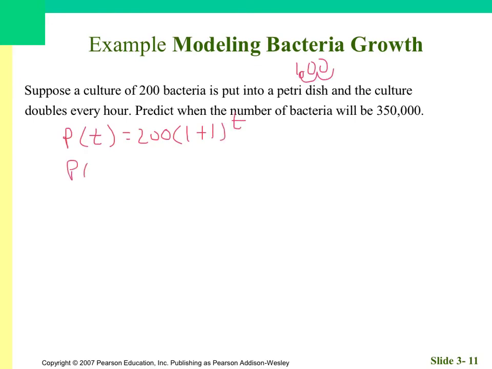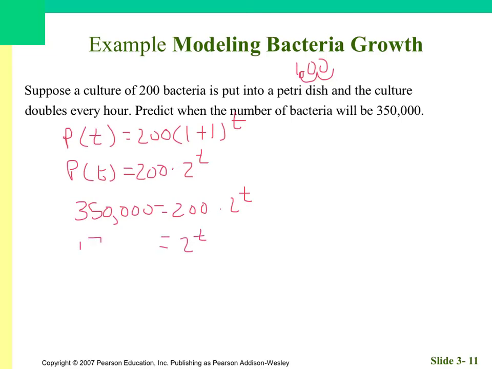So you'd get P of t equals 200 times 2 to the t. Now we can substitute in 350,000 equals 200 times 2 to the t. Divide by 200, you get 2 to the t equals 1750.